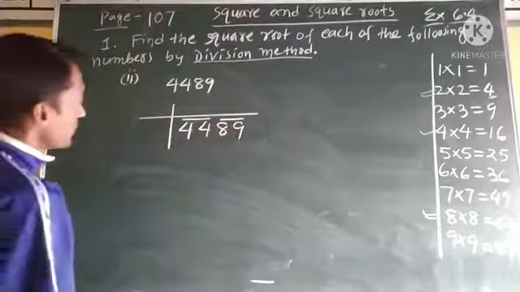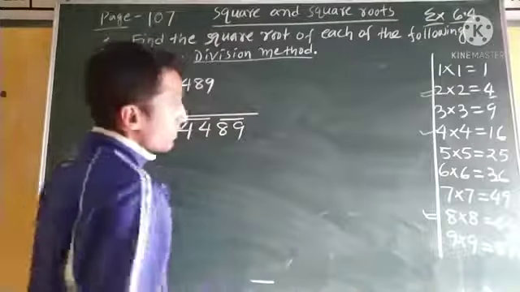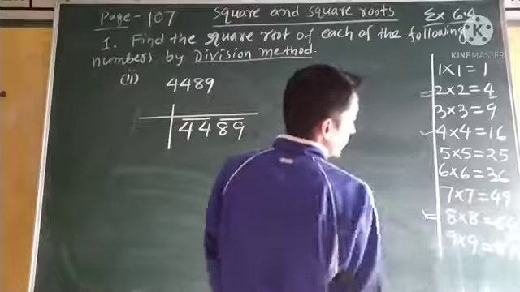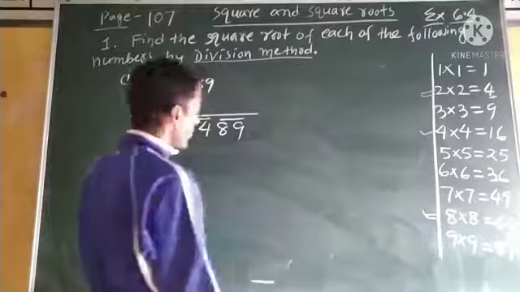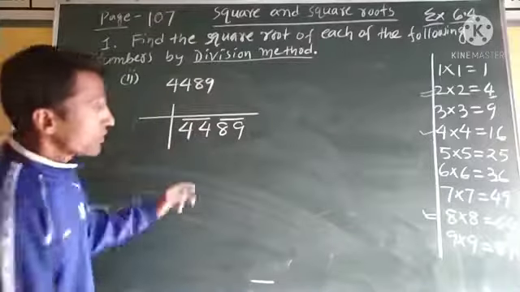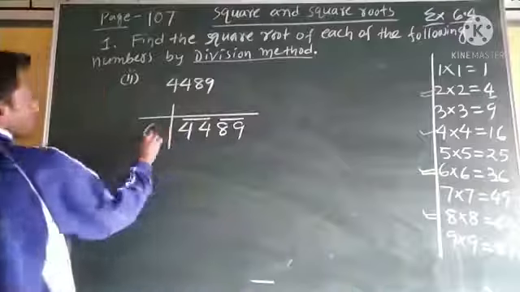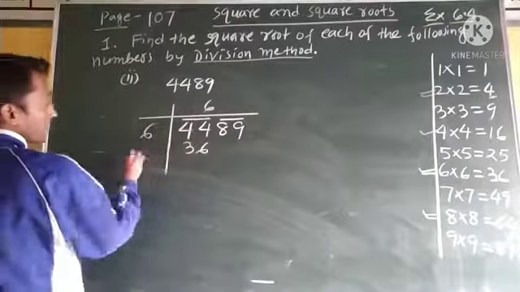Here also we get 2 pairs. The first pair is 44. 6 times 6 is 36, 7 times 7 is 49. If you use 7, you get a number greater than 44, so you use 6 first. 6 times 6 is 36.